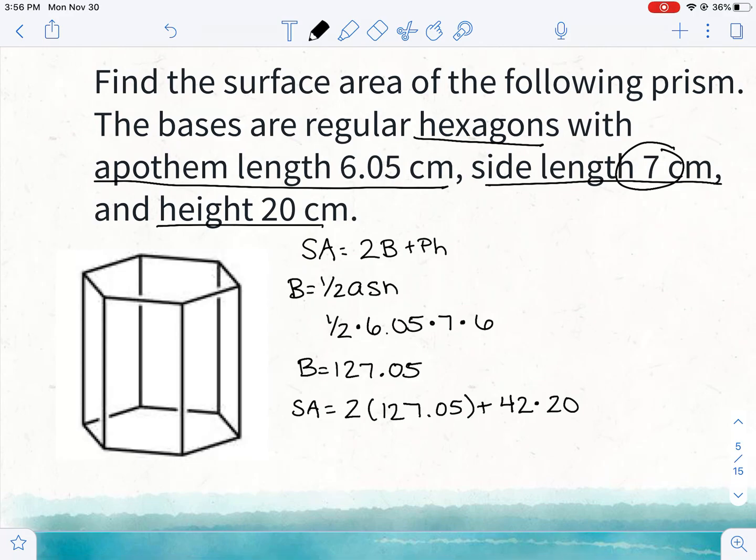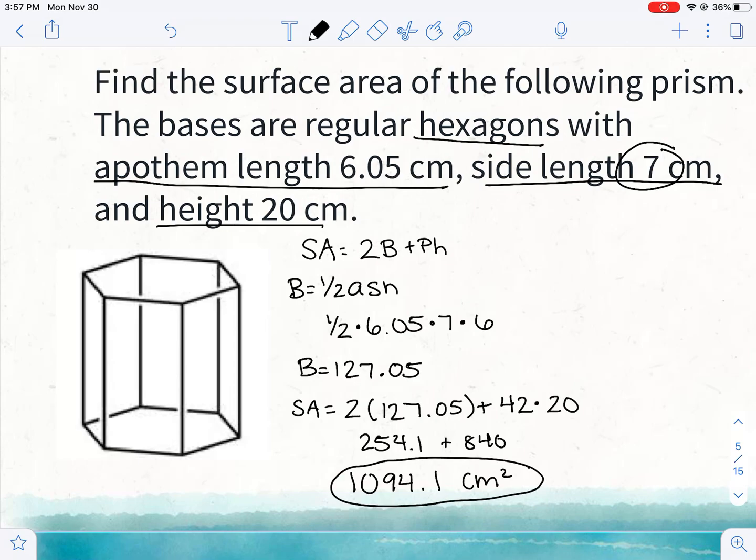So 2 times 127.05 is 254.1. 42 times 20 is 840. Add those up, and my surface area is 1,094.1 centimeters squared.